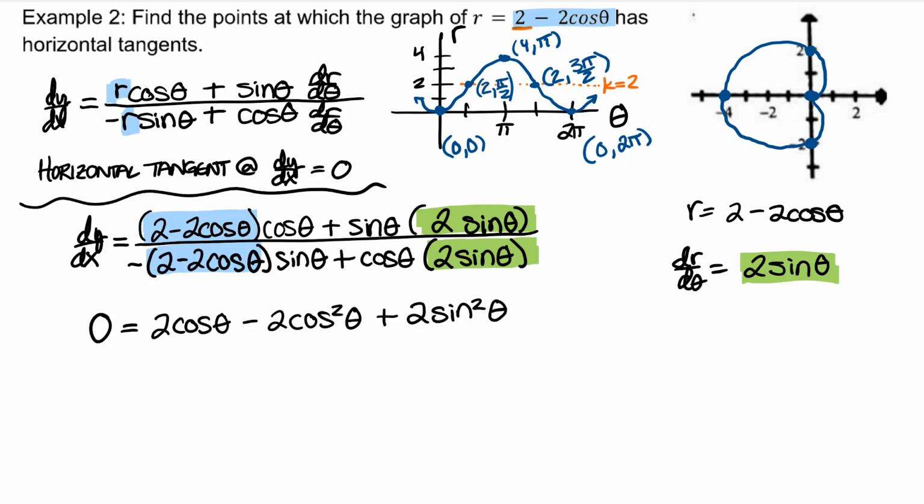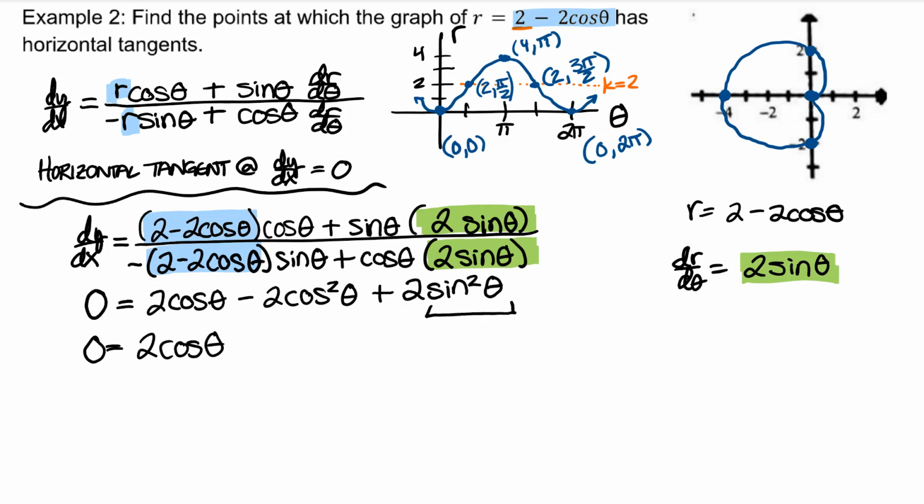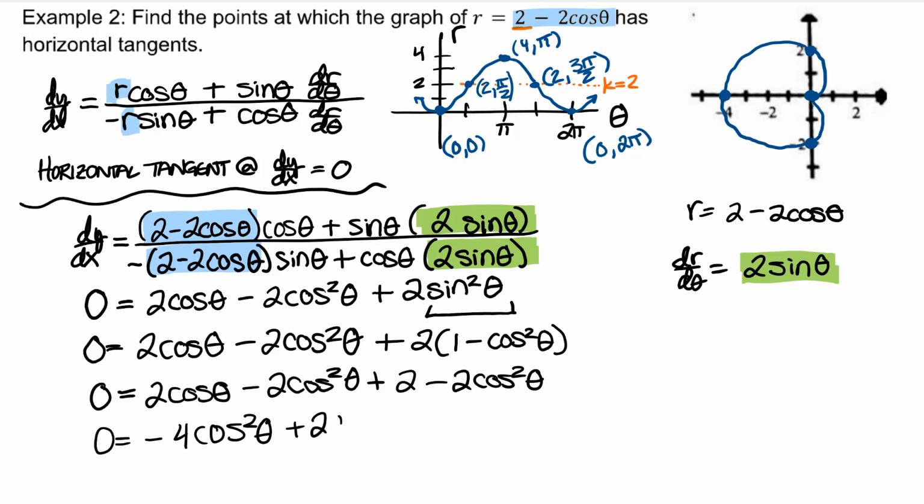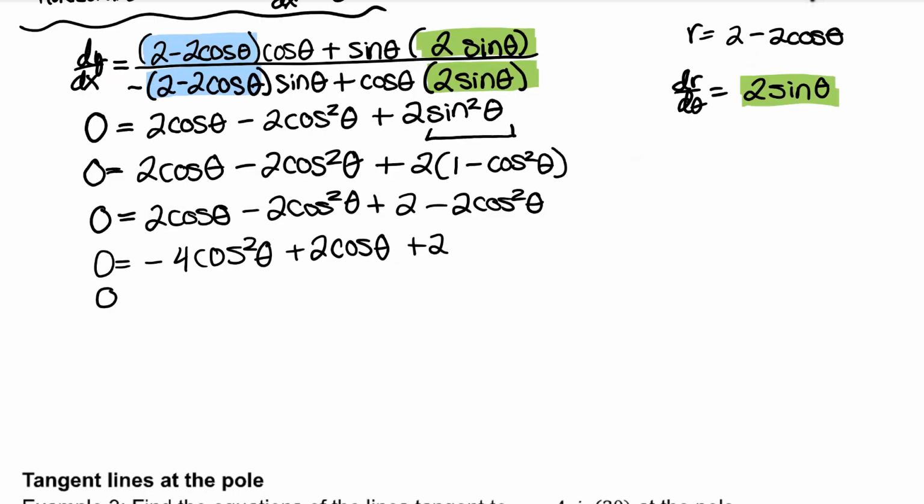Sine squared is equal to 1 minus cosine squared. Continue simplifying. Now let's factor.